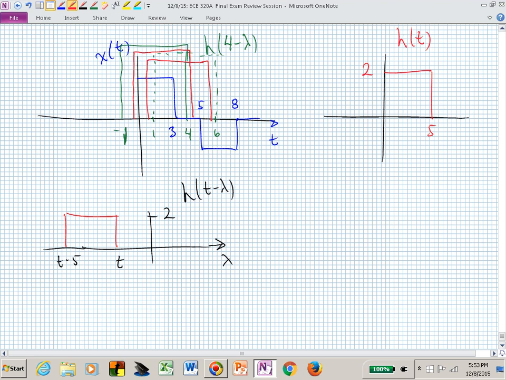And so this is still t, and this is t minus 5. But you want to consider this overlap pattern and this overlap pattern to try to find the expression that you need.